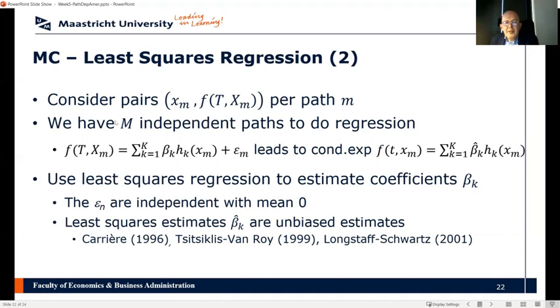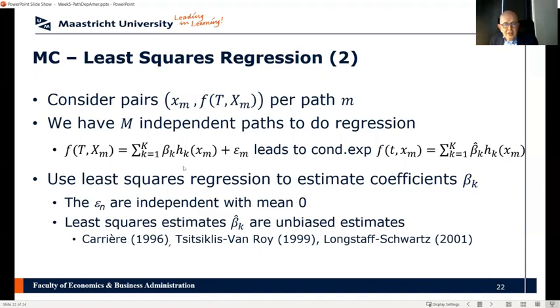Now we have capital M independent paths, where I'm regressing the payoff later in the path onto the current value with these basis functions h_k at time small t. Here you see this projection happening. I am regressing my payoff at a later date onto basis functions which only use the current state of the world x_m at time small t.